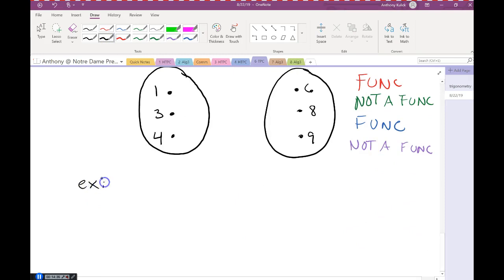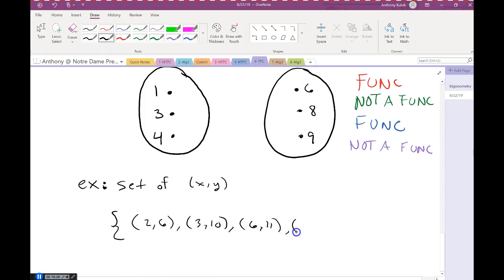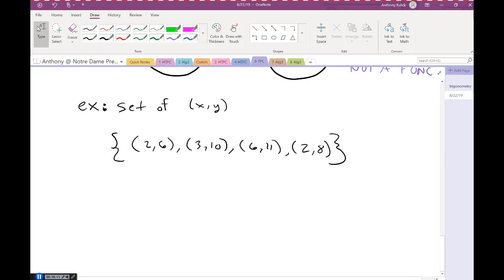Next, I'm going to skip equations for a moment because that tends to be one of the more difficult ones, and go instead to our sets of ordered pairs. So we have the ordered pairs (2, 6), (3, 10), (6, 11) and (2, 8).